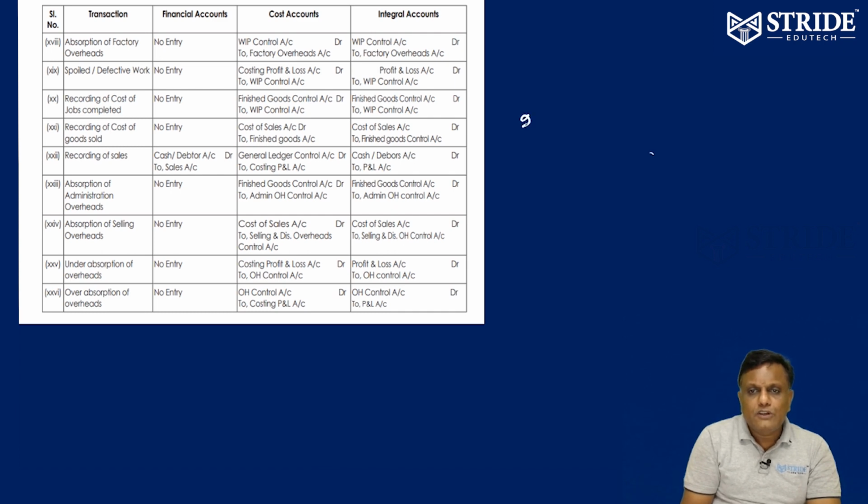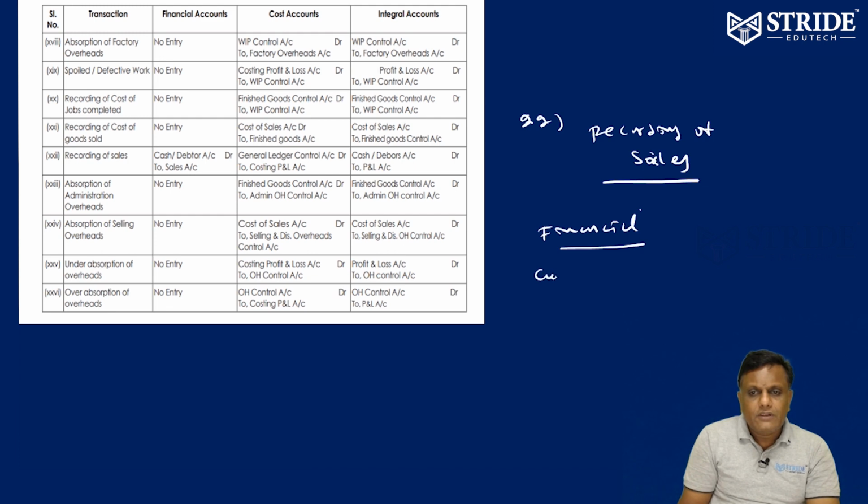Next, transaction number 22, recording of sales. So how is the sales entry recorded in financial books? Either sale for cash or for credit, right? In financial books, either cash or debtor is debited to sales.